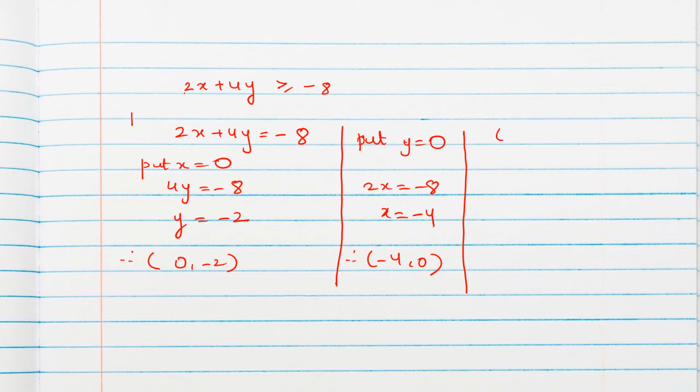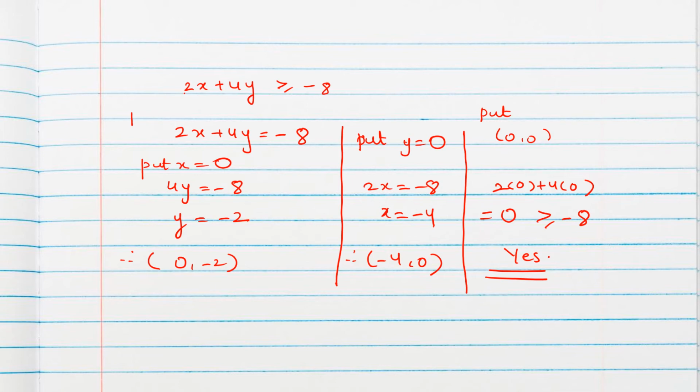That is called the origin test. So 2 into 0 plus 4 into 0, that is 0, greater than minus 8. Is it true? Yes. So the solution of this particular inequation will include the origin.